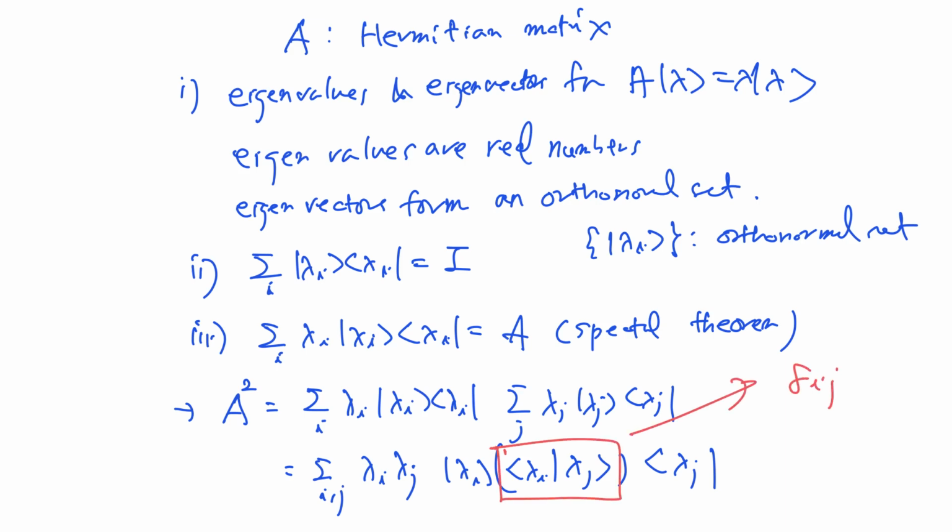Delta ij, right? So this inner product is 0 when I and j are different, and when I and j are equal to each other, then it's 1, right? So this is actually summation of ij, but only one I survives.